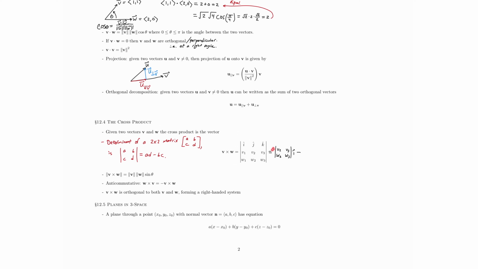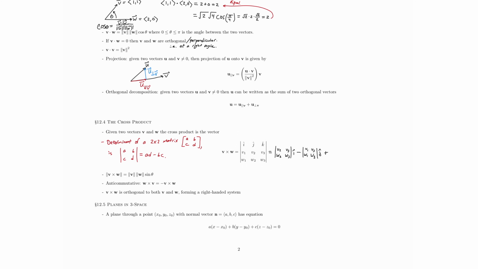It goes plus, minus, plus. We'll have another determinant here. Deleting the top row, always. Now we delete the second column. We're left with these entries here, which give us V1, W1, V3, W3, j hat.